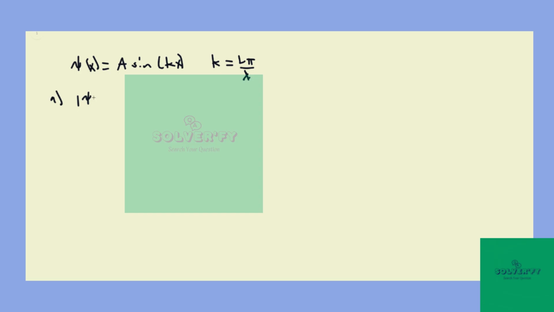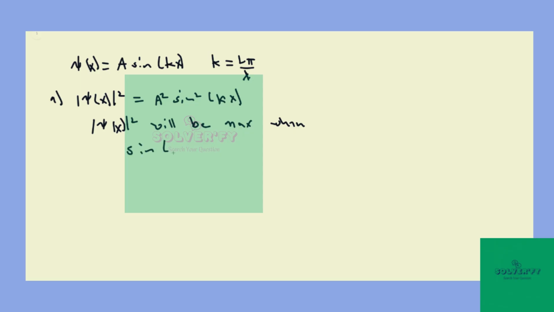the probability distribution for position, which, if you carry this out, is given by A squared sine squared of kx. So this function, psi of x squared, will be a maximum when sine of kx is equal to 1.